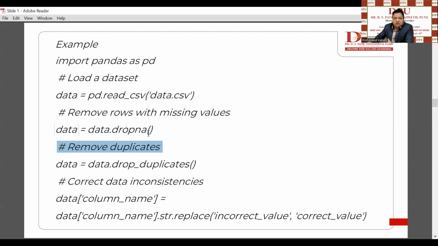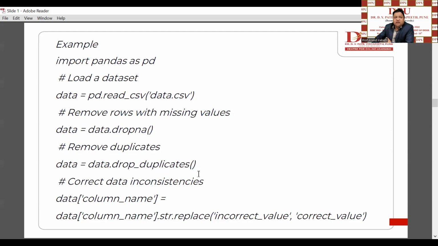Once the compiler executes this statement, then I need to find out whether I'm having duplicate rows or not. And that can be done with the help of data.drop_duplicates. So here I'm calling the function data.drop_duplicates.